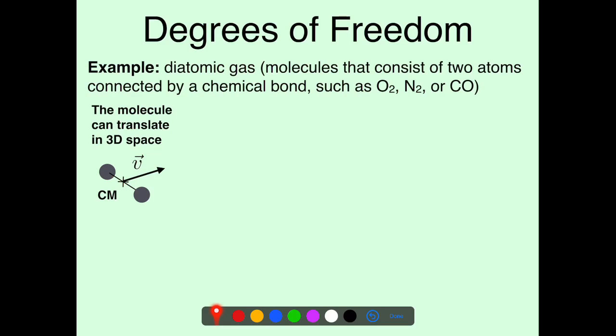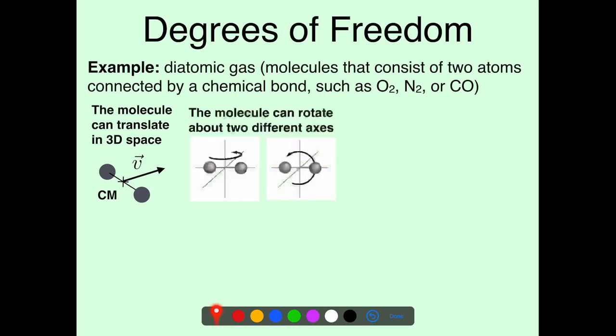So the center of mass of the molecule is located somewhere along that line, so we'll label that as CM. So one way that the molecule can have energy is it can translate, it can move around in 3D space. So what we mean by the molecule is translating is we mean the center of mass is moving around. It has some velocity. So the velocity, we'll label that as v.